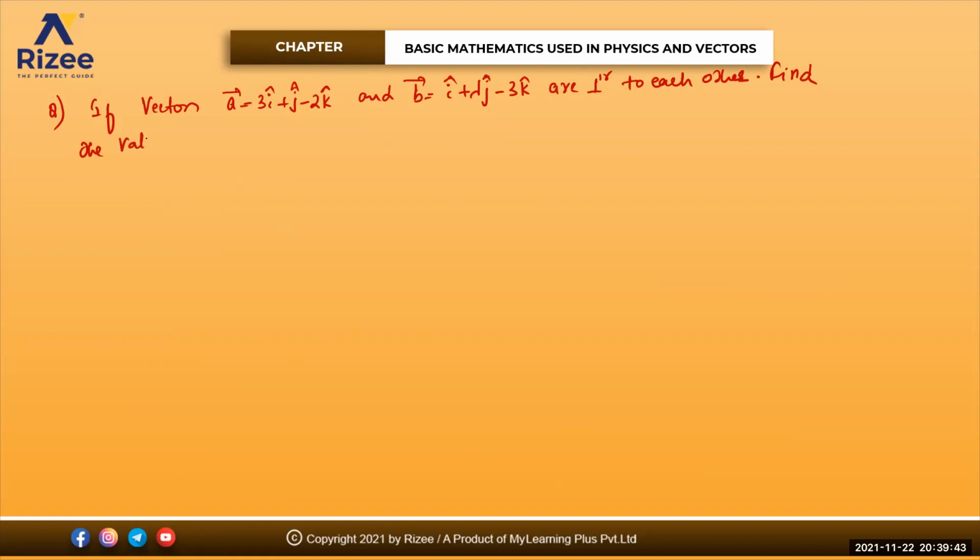See, if vectors a bar is equal to 3i cap plus j cap minus 2k cap, and b bar is equal to i cap plus lambda j cap minus 3k cap are perpendicular to each other, my question is, find the value of lambda.